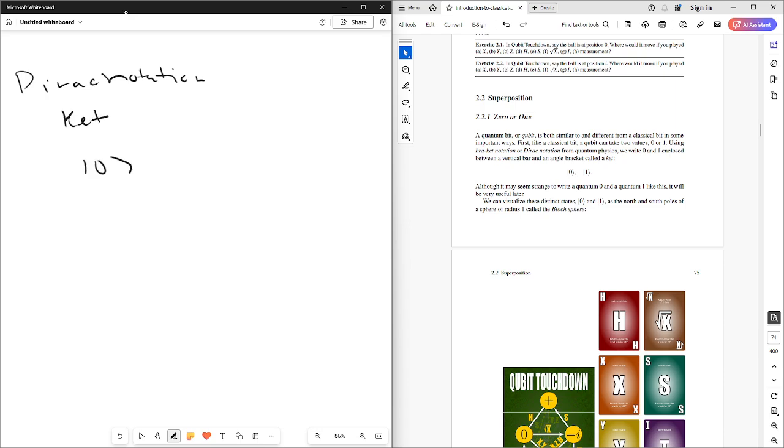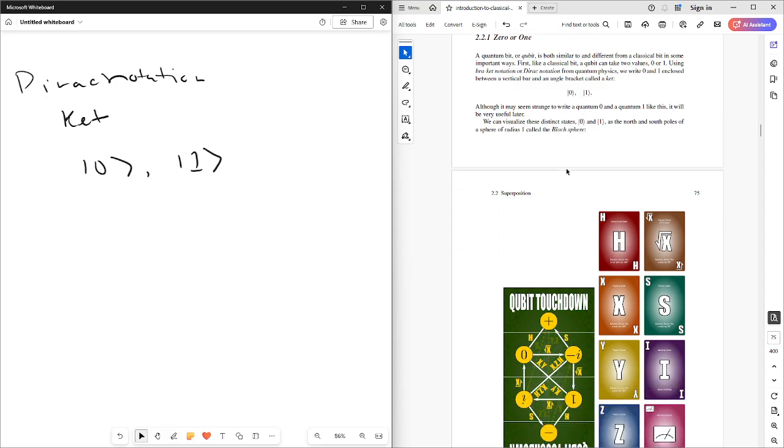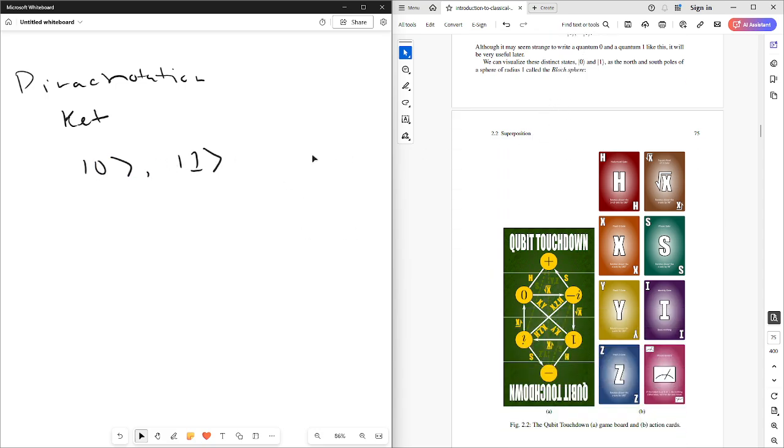So 0 and 1, for example. These are states, which are positions on the Bloch sphere.